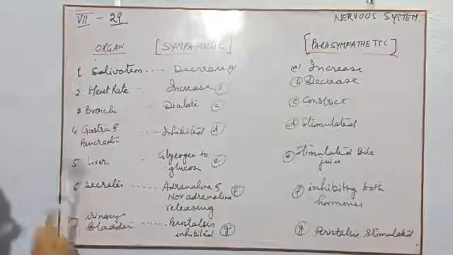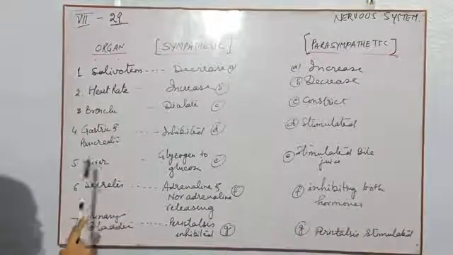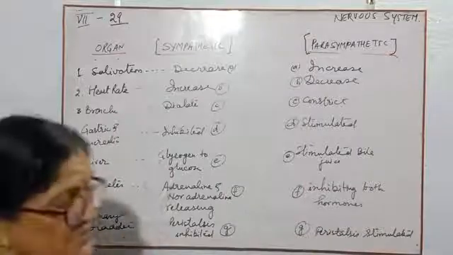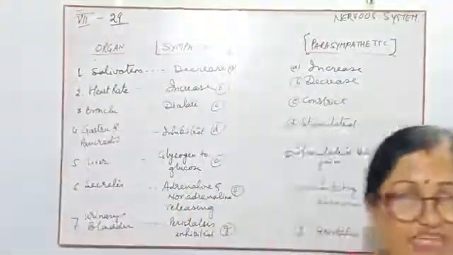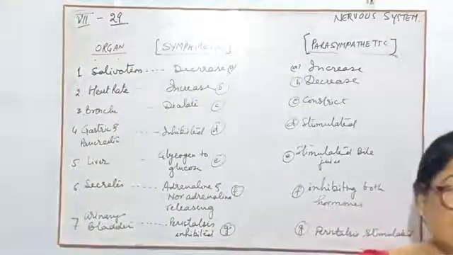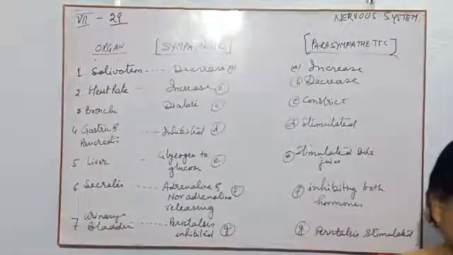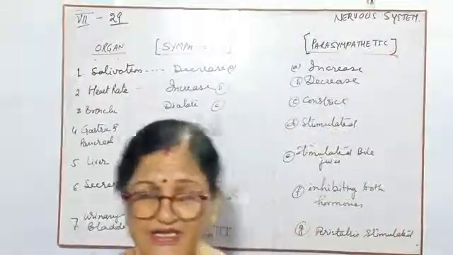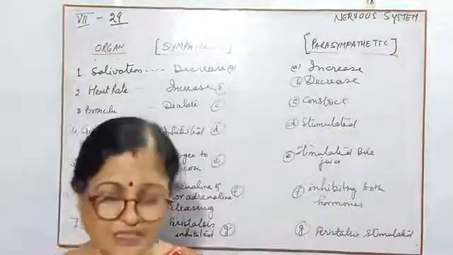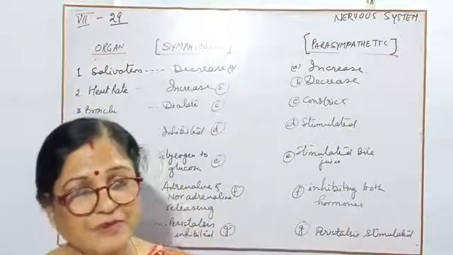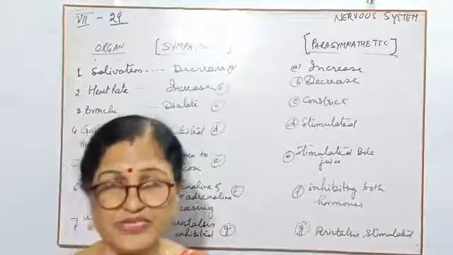Next example, liver. In case of the sympathetic system, the liver will change glycogen to glucose. Suppose we are fasting, or getting no food in the stomach; at that time we still have to respire, and for respiration we need glucose.